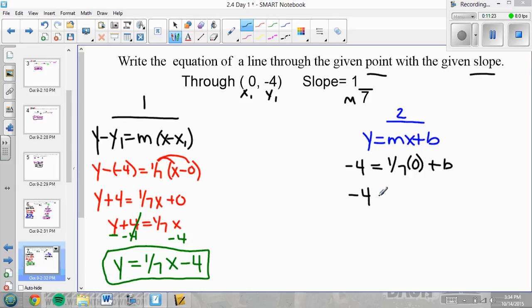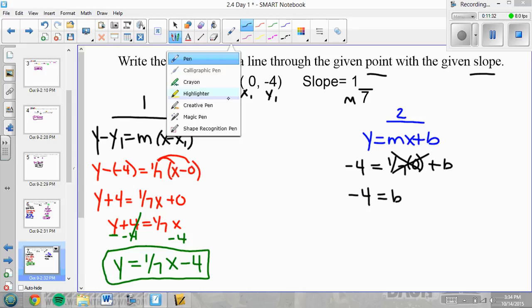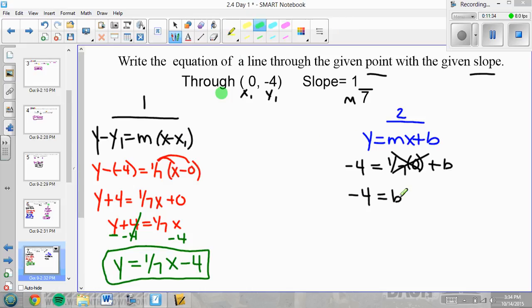So I know negative 4 equals 1/7 times 0, which we know is 0. So we know b equals negative 4. So we're going to take our b and our m, and plug them into our slope-intercept form. So y equals 1/7 x minus 4.